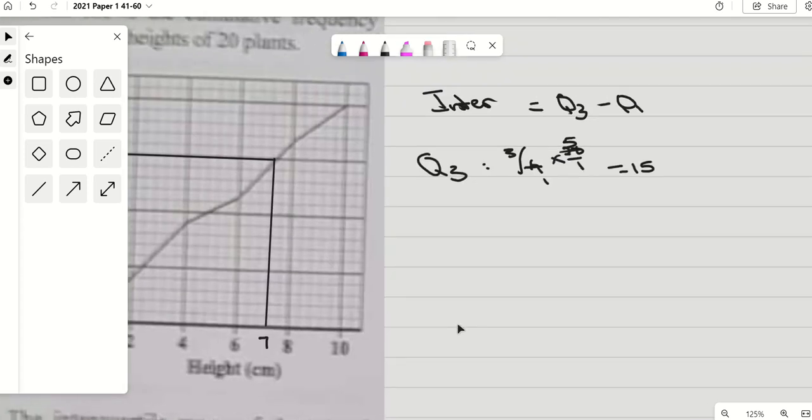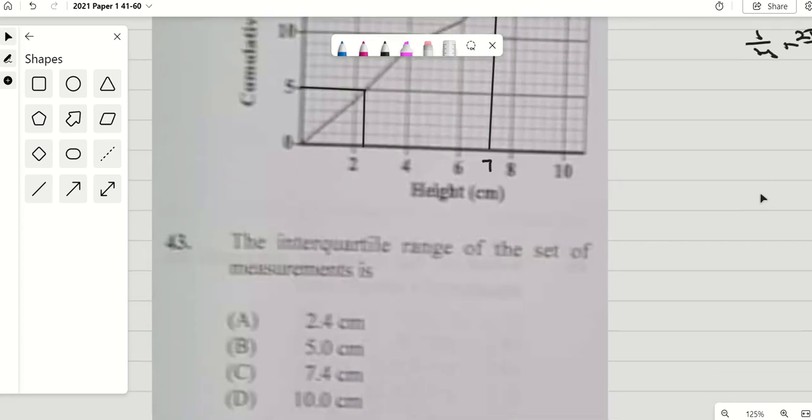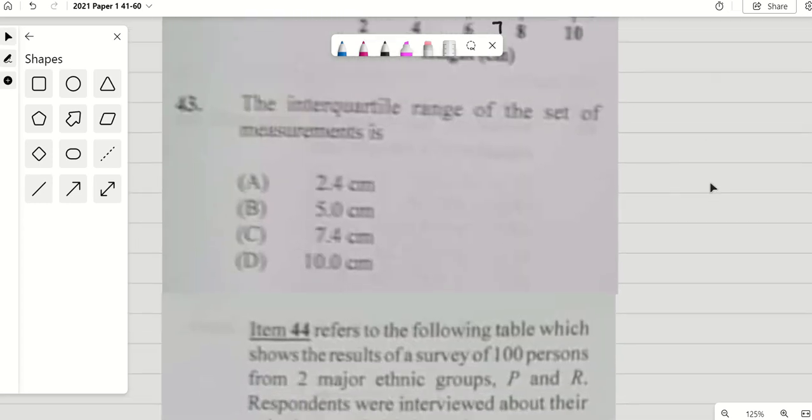So at Q3 it is 7, and Q1 is a quarter of your total. So a quarter of 20 is equal to 5. So you're going to find 5 on the graph. That is a little bit more than 2. So you're going to look at the difference between 7 and a little bit more than 2. That is 5 point something.